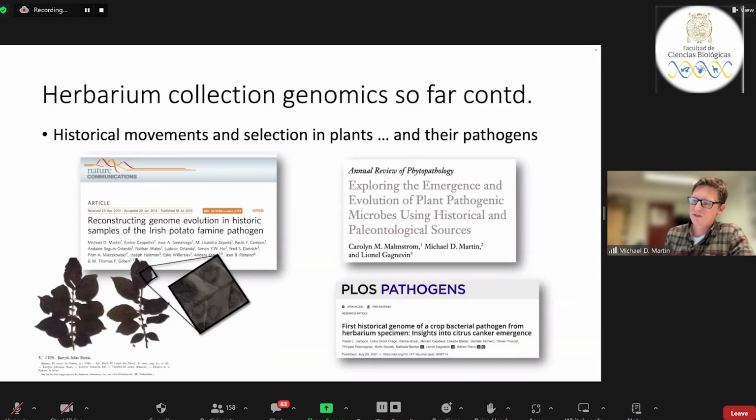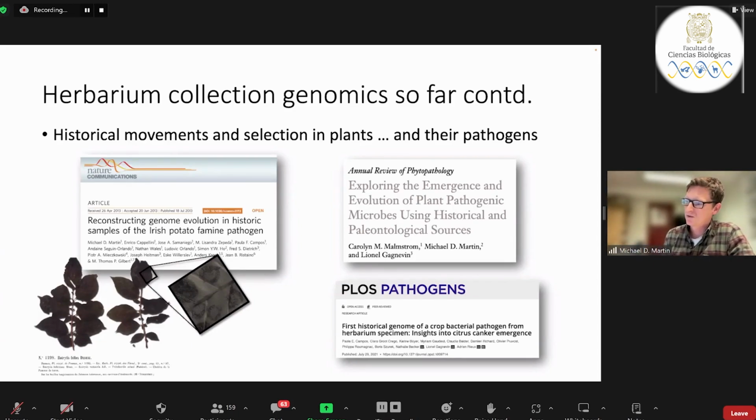When this pathogen was introduced around the year 1845, actually 1843, in the UK and Ireland, it caused a massive die-off of potato plants. It was an epidemic that spread all across Europe and caused the Irish potato famine and the exodus of Irish people and the starvation of millions of Irish people and their distribution around the world almost.